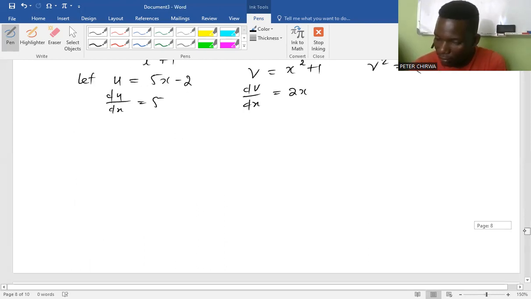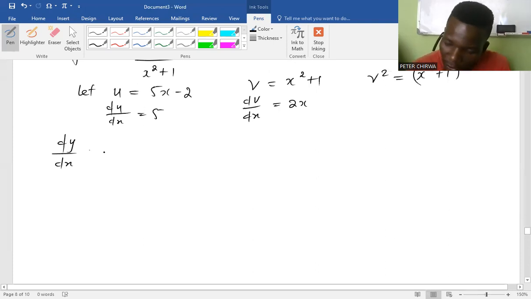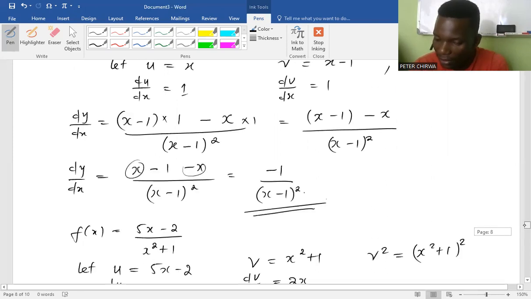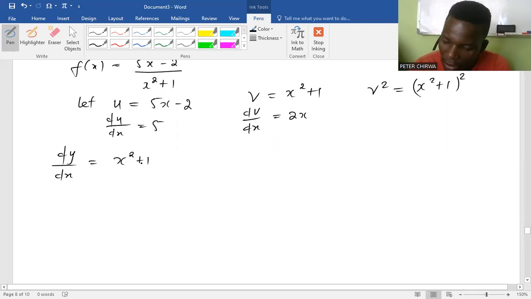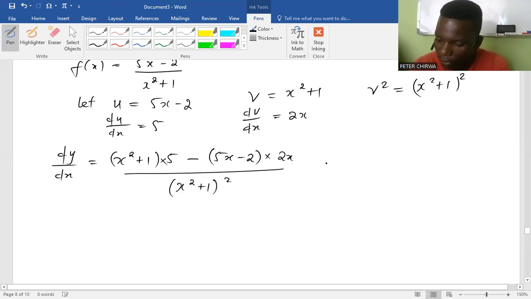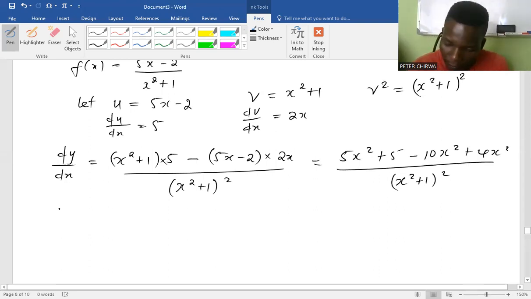So the change in y with respect to x is going to be v, which is x squared plus 1, multiplying the change in u with respect to x, which is 5, minus u times the change in v, which is 2x, over v squared, which is x squared plus 1 squared. That gives 5x squared plus 5, then minus 10x squared.